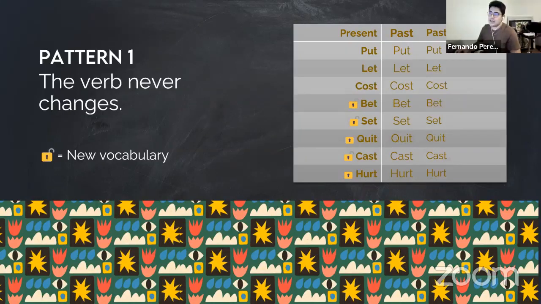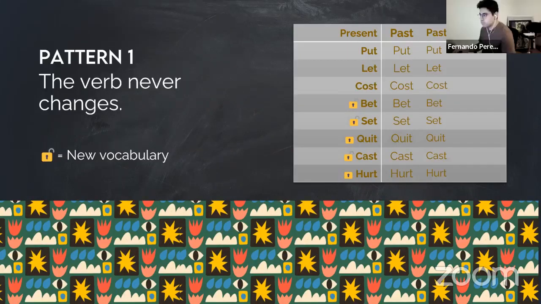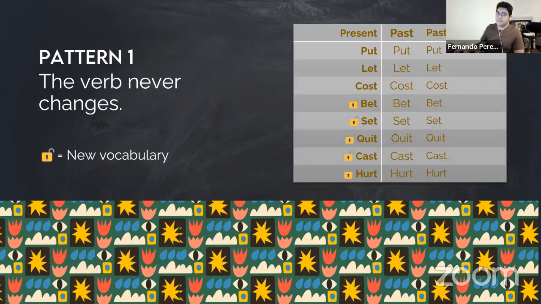That is totally correct. Perfect, girl. Did you put the tomatoes in their place? What is the answer to that? Yes, I did. Or yes, I put the tomatoes in their place. That's correct.